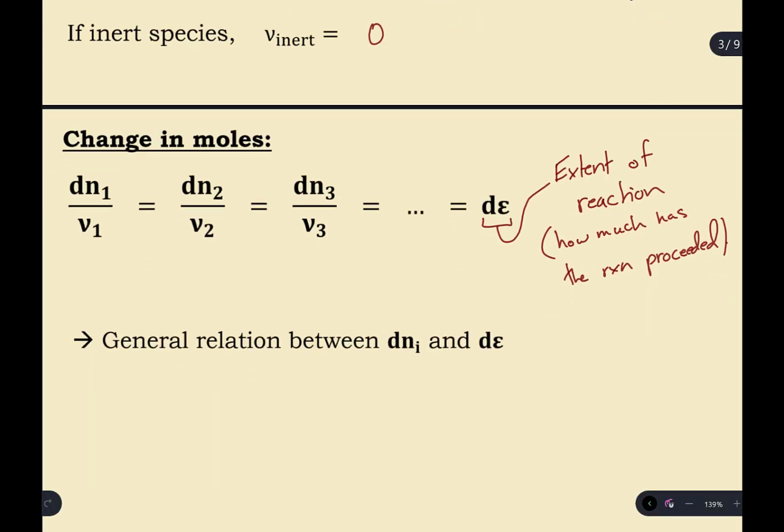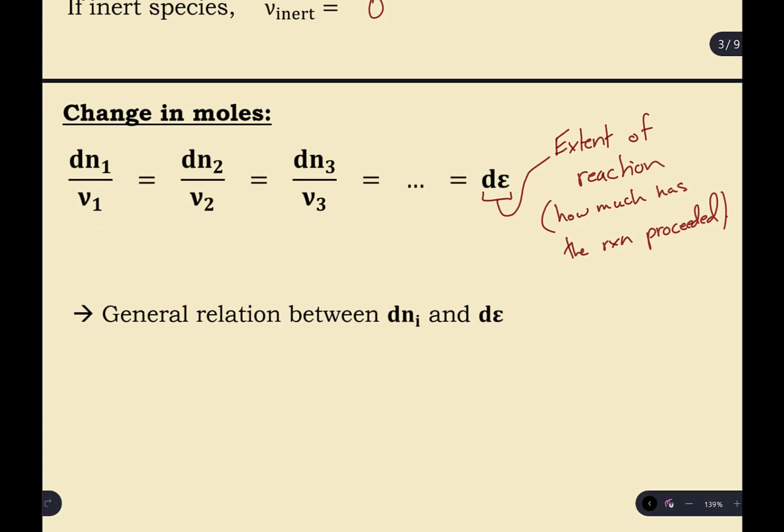Now we want to find the relationship between dn_i and d epsilon, the extent of reaction. Let's take a general species i. Here we wrote it as 1, 2, and so on, but if I wanted to write an expression with just dn_i, how does it relate?